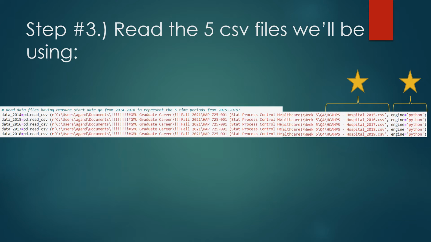Then we read the 5 CSV files we'll be using by typing data_2014 equals pd.read_csv, and then r, an apostrophe, and the file path where you saved it, and then comma engine equals Python. And do it for all 5 of the data files.